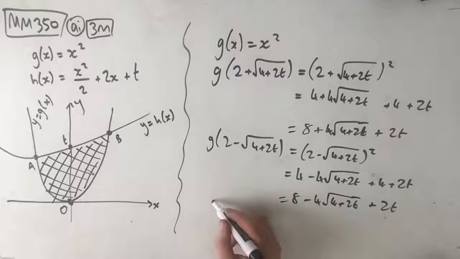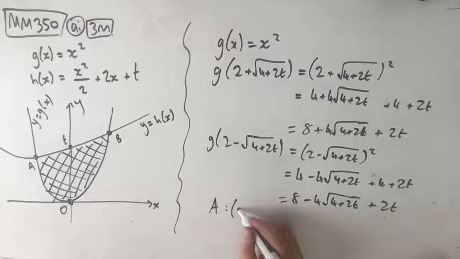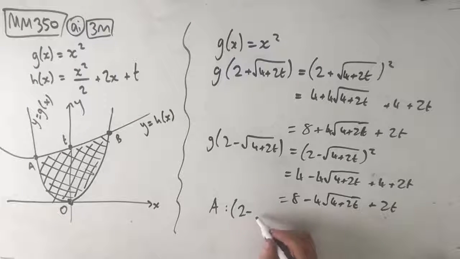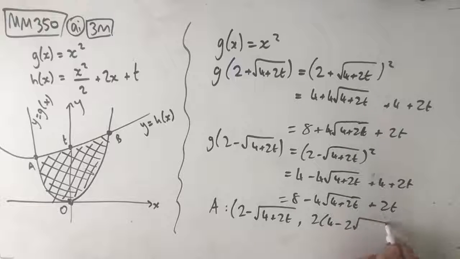Sweet. So therefore a is, as a simplified version, 2 minus root 4 plus 2t, 2 outside of 4 take 2 root 4 plus 2t plus 2t, plus t. I've just taken 2 out as a common factor there.